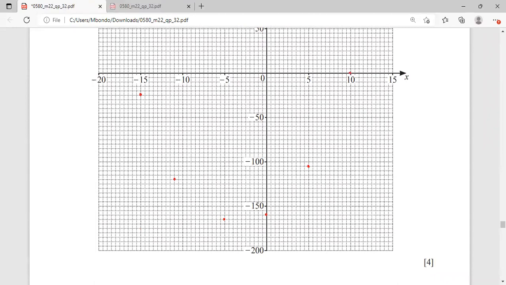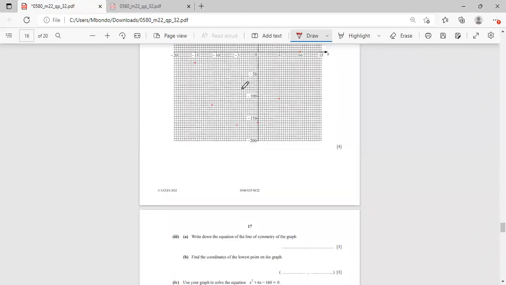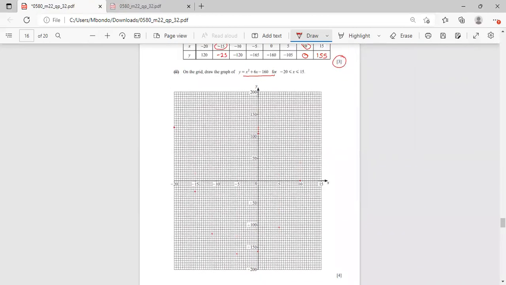I still remember this one. Then 15, 155. 15, 155. This point. So now we need to join, isn't it?